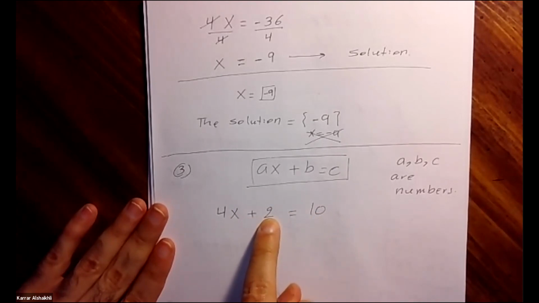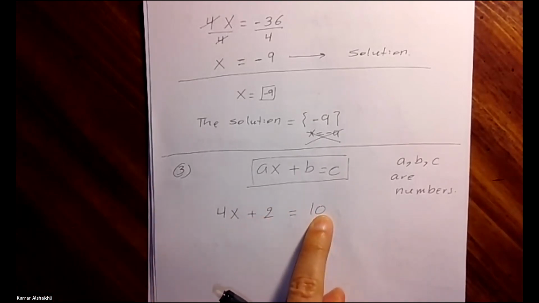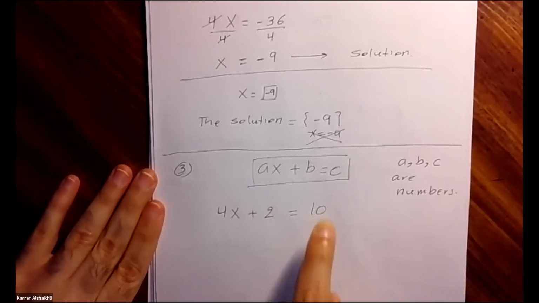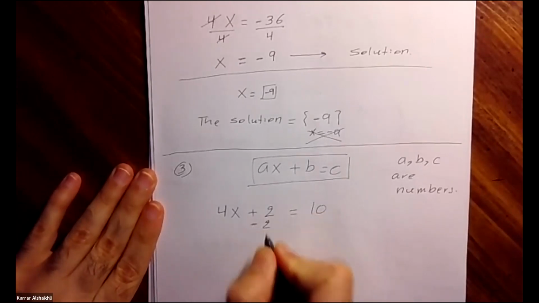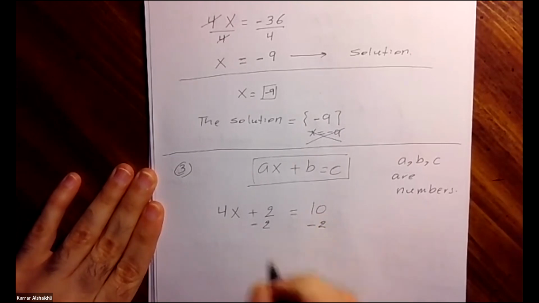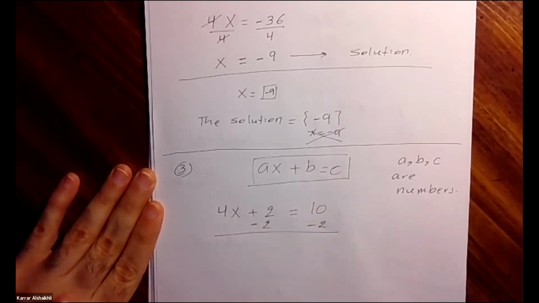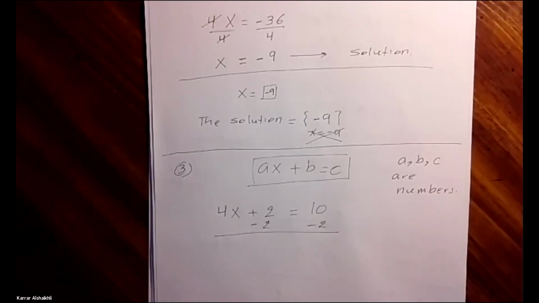Plus 2, how am I going to move the plus 2 to the other side? Someone tell me. It's minus 2. Minus 2 from both sides. So you can say minus 2 from here, minus 2 from here. And the 4 there is before the x. The 4x, we're gonna leave it to the next step.